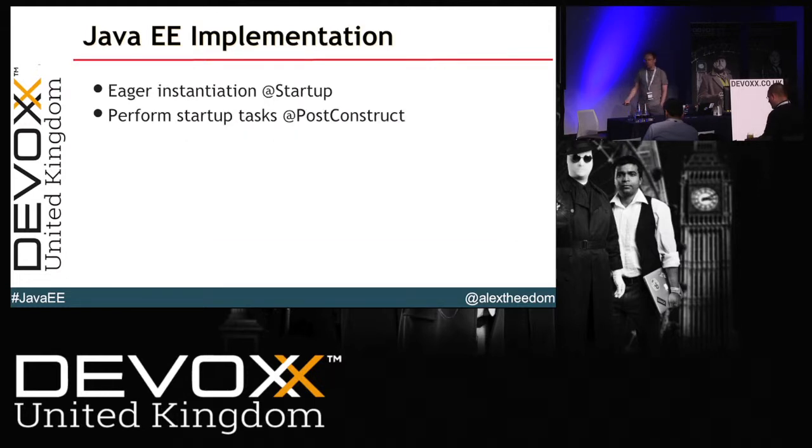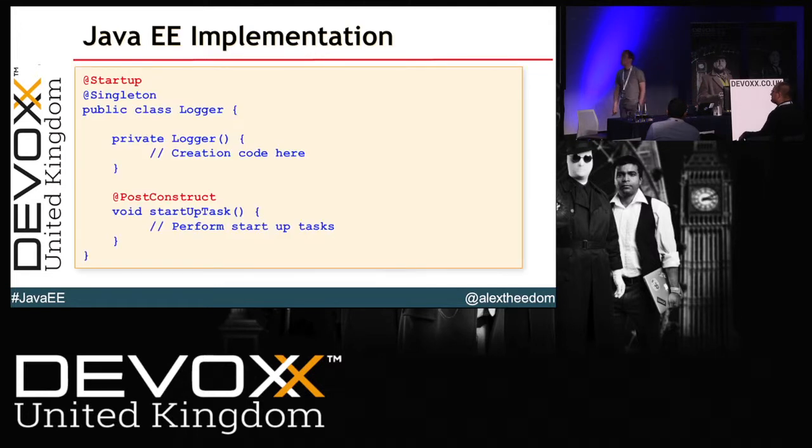Okay, but what happens if we want our singleton to be instantiated at startup, to be eagerly instantiated? And what if we want it to perform some kind of startup tasks? That can be done quite easily, again, with annotations. We indicate to the container that we want our logger to be instantiated at startup by annotating it at startup. Then we have a method.